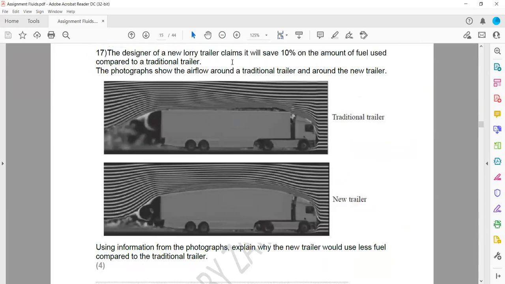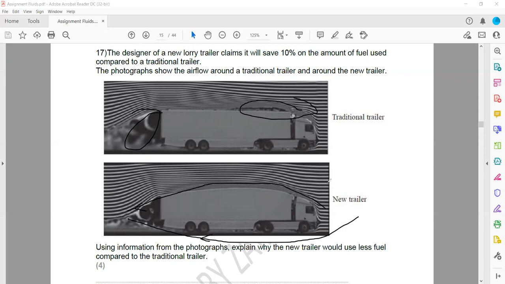Then, the designer of a new lorry trailer claims it saved 10% of the amount of fuel used compared to the traditional one. This is a traditional lorry, and this one is the new design, a new trailer. The photograph shows the air around the traditional and around the new trailer. You can see the traditional lorry has a greater region of turbulent flow, but the new trailer is more streamlined, like a jet or an airplane.